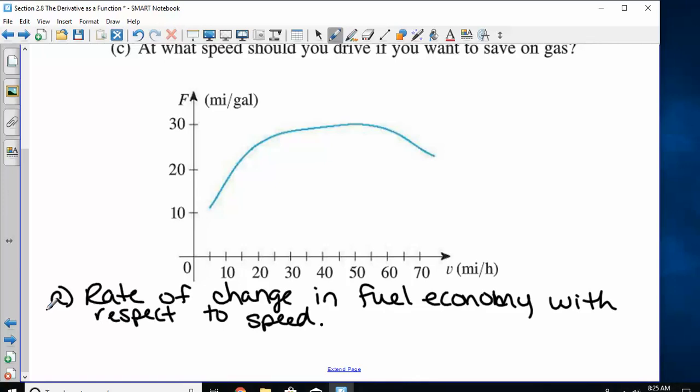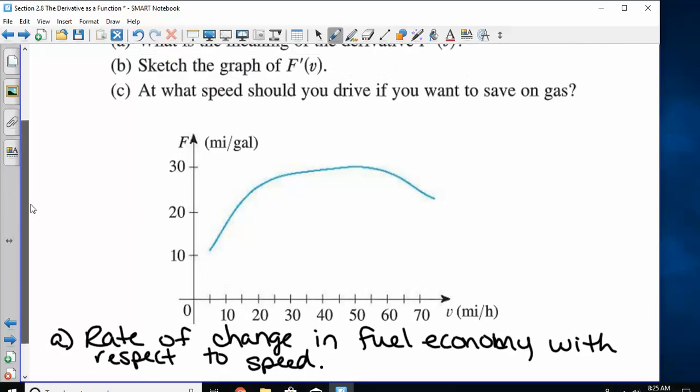Part B, I want to draw the derivative. Okay, do we have any horizontal tangent lines here? Those happen at a max or a minimum. This is kind of a max, isn't it? Maybe not perfect, but where does that happen? 55-ish.